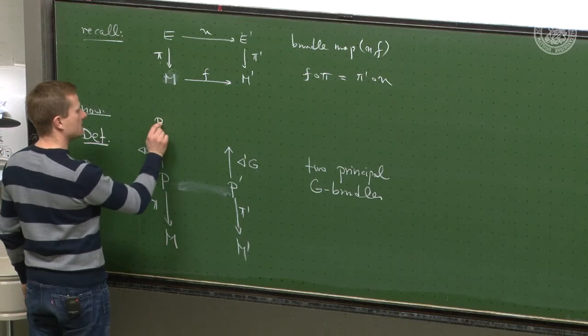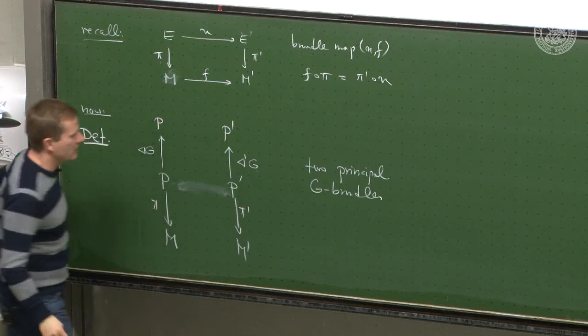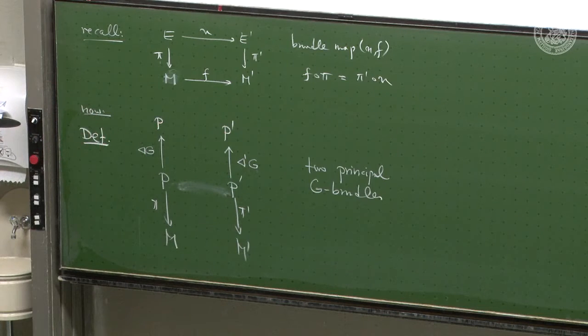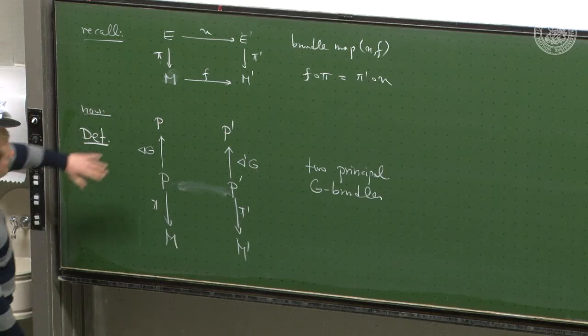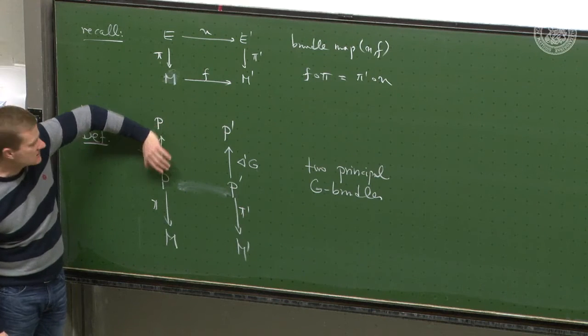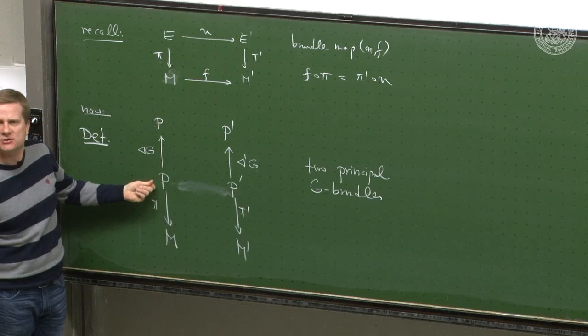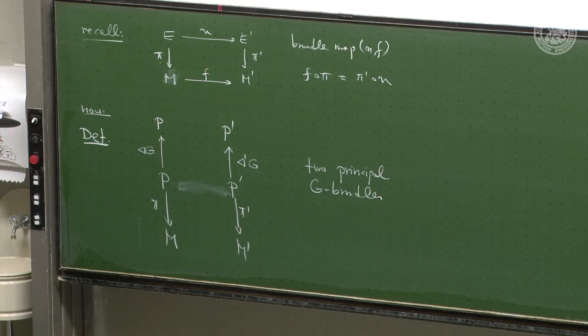And of course, it then takes you from P to P and from P prime to P prime. So a principal bundle, if you want to be very strict, shouldn't only be denoted by this, because there's always this right G action on the total space. Let's not forget that. Sometimes this is suppressed in the notation, but it shouldn't be.